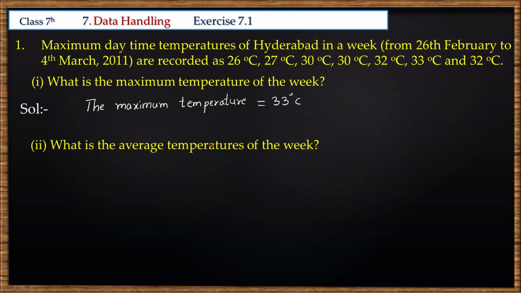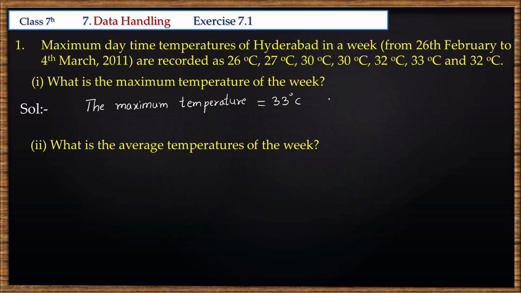What is the average temperature of the week? To calculate the average, we use the general formula, that is, average is equal to sum of all observations divided by number of observations.